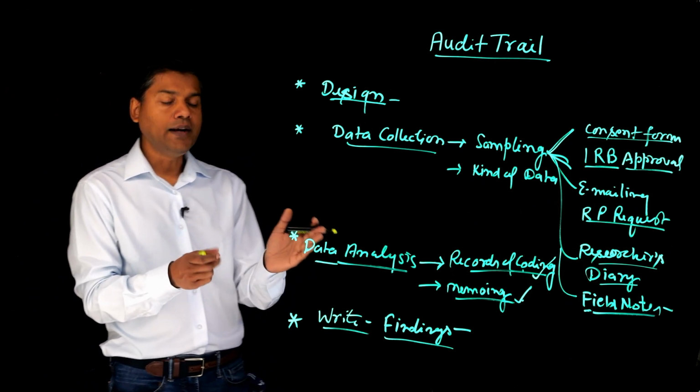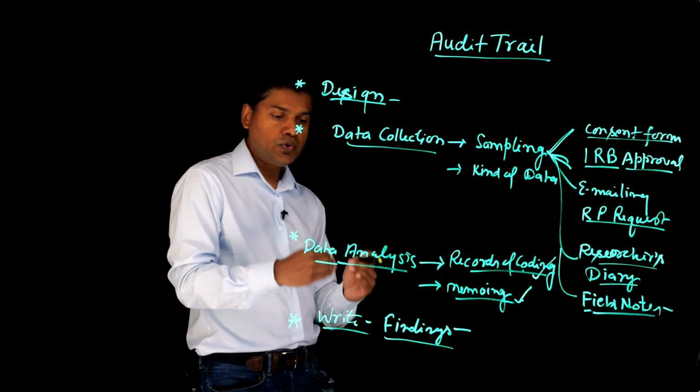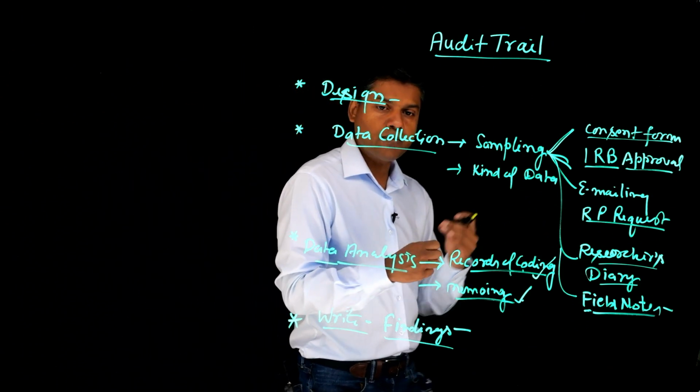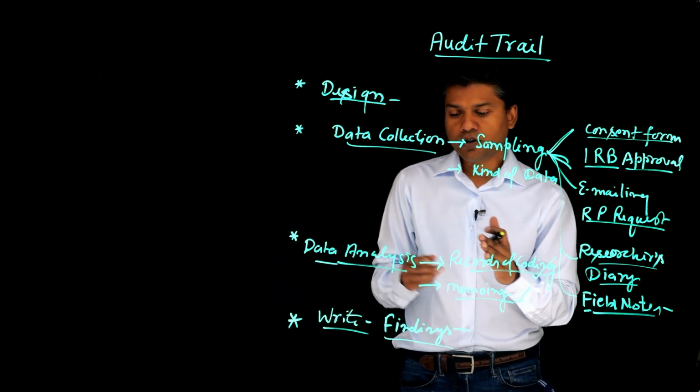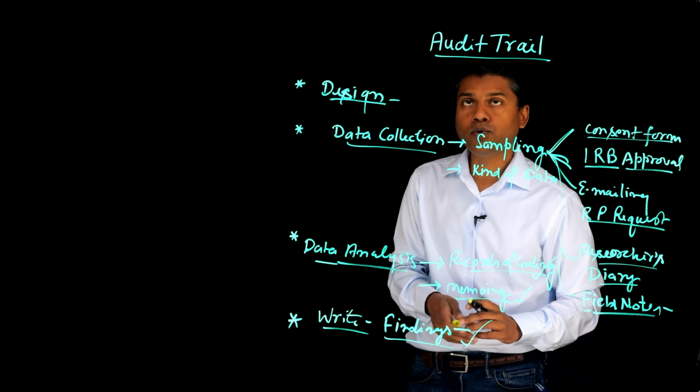The findings section is written in an iterative process. As you keep doing your data analysis, you keep writing it. So it's a first draft, second draft, third draft. That could also be part of your audit trail.